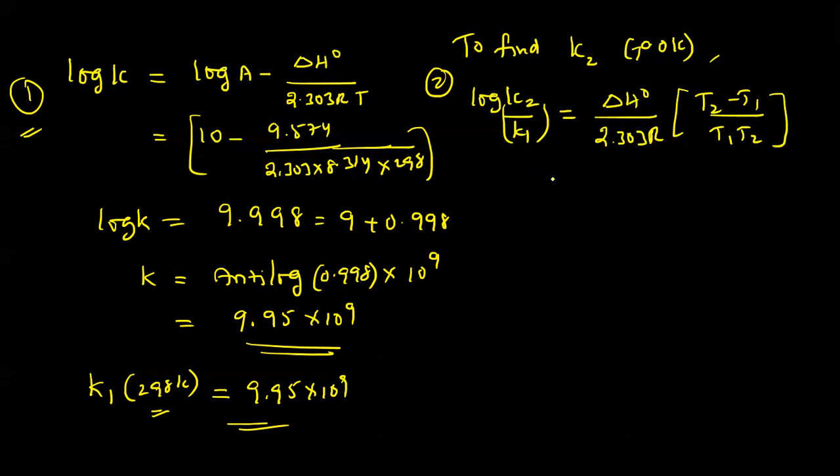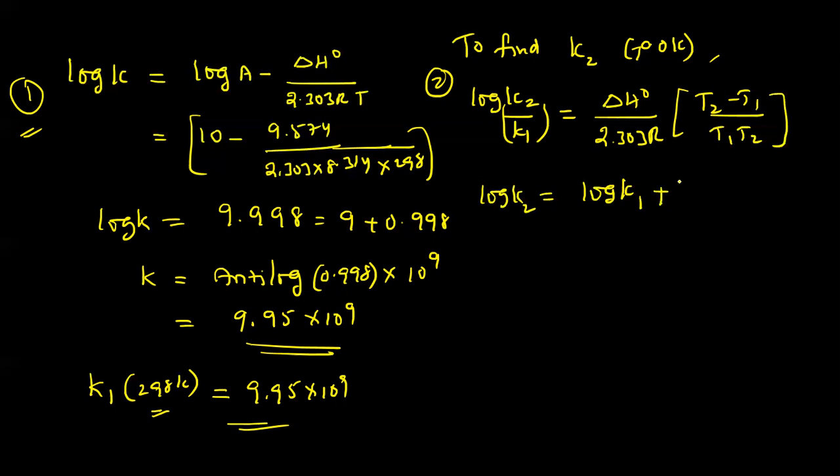That is, we will do it once we have substituted the other values. That means log K2 will become equal to log K1 plus the other values. What are the other values?